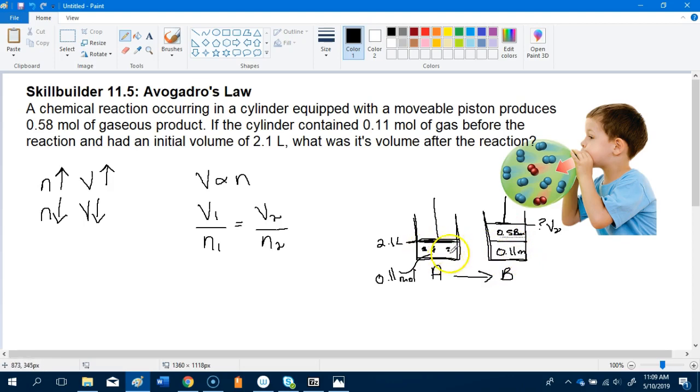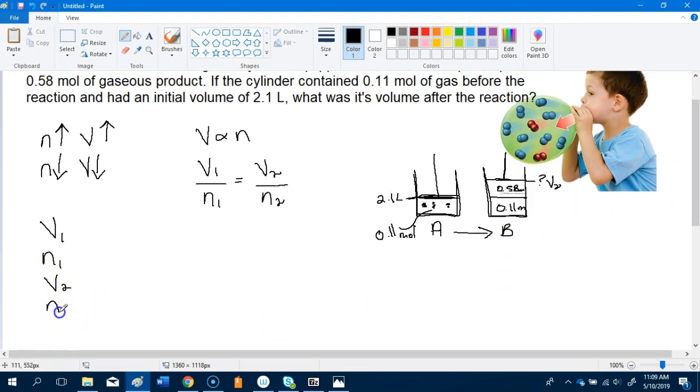So a reaction is occurring. We started out with 0.11 moles of gas. We end up with 0.58 moles of gas product on top of the 0.11 moles that we already have. What's our new volume going to be? Let's set it up. We have volume 1 and mole 1 versus our final volume and final mole amount.